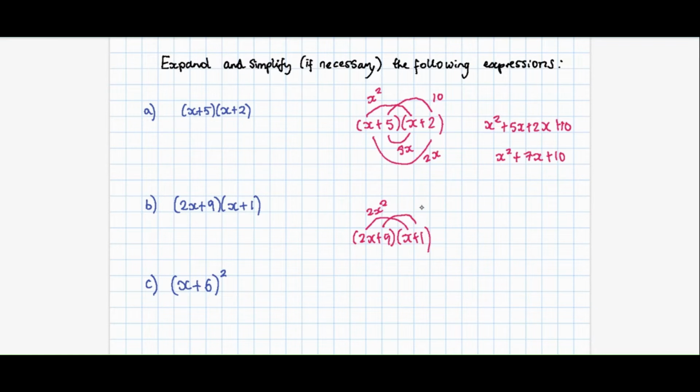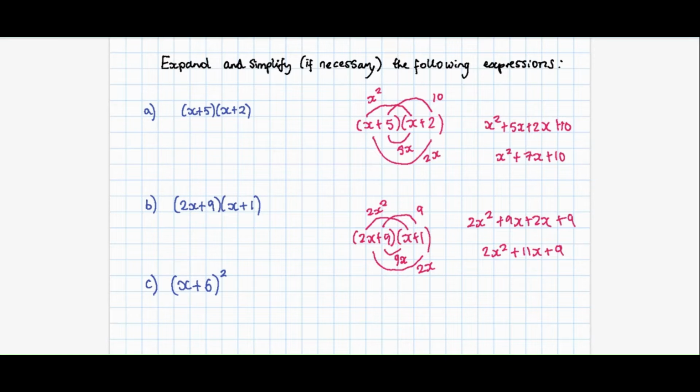Then we've got 9 times 1, which is 9. 9 to x is 9x. And 2x times 1 is 2x, which equals 2x squared plus 9x plus 2x plus 9. Simplify that out, it's 2x squared plus 11x plus 9.